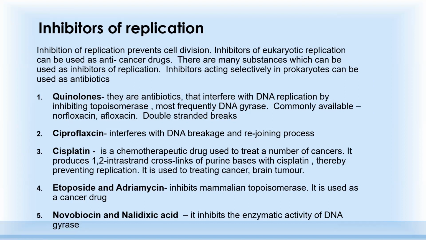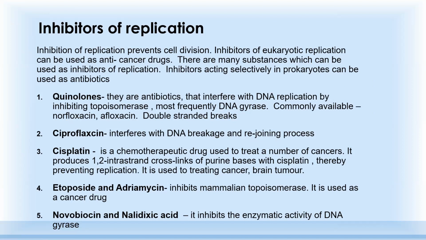The next drugs used are etoposide and adriamycin. These two drugs inhibit the mammalian topoisomerase. The function of topoisomerase, as I said, is to remove supercoils, so that function will be inhibited by these two drugs. Etoposide and adriamycin are used as cancer drugs.